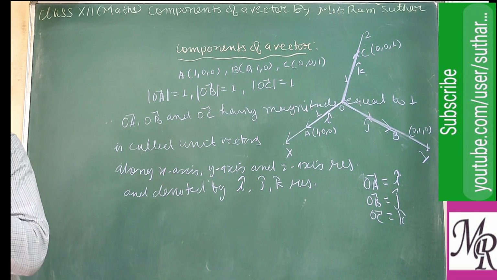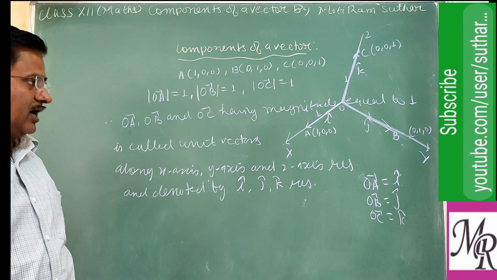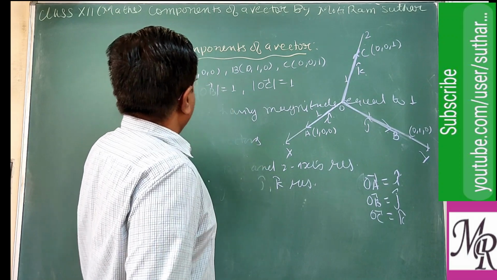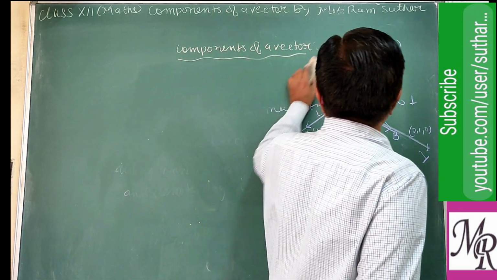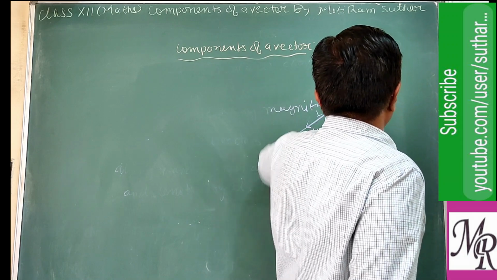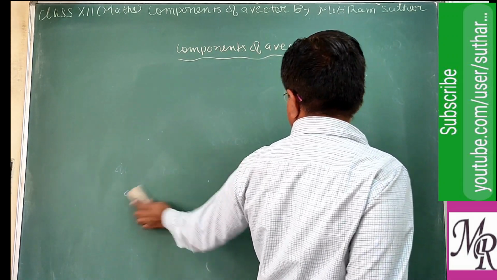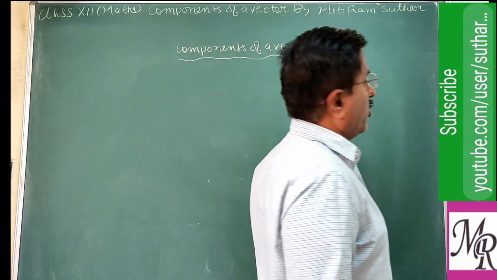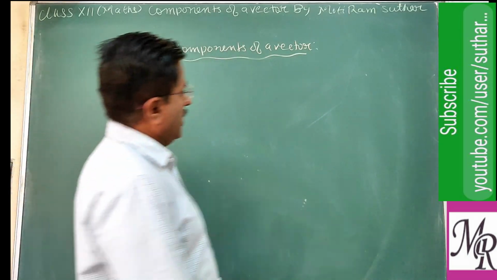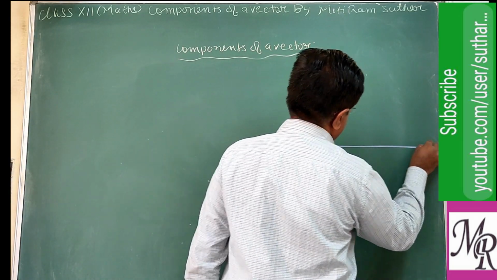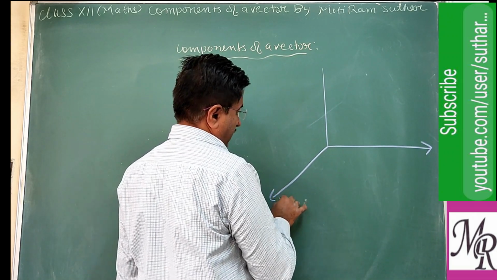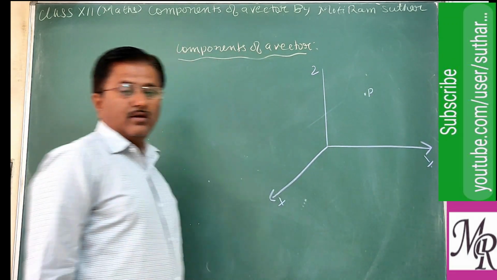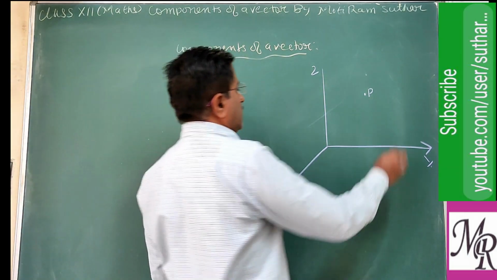Clear? Now suppose we consider the position vector of any general point. We are only saying the unit vectors along the coordinate axes. Now suppose we take a point P in the three-dimensional coordinate system, having coordinates generally x, y, z.